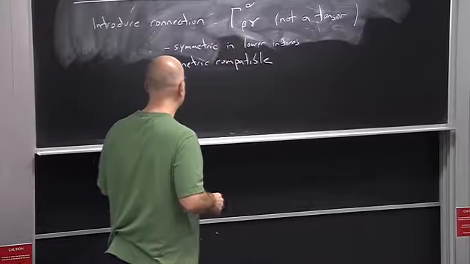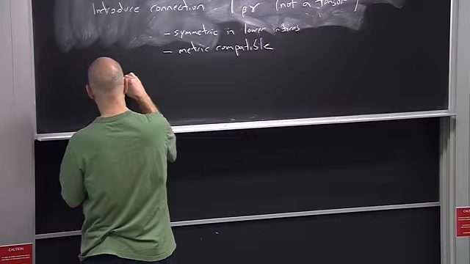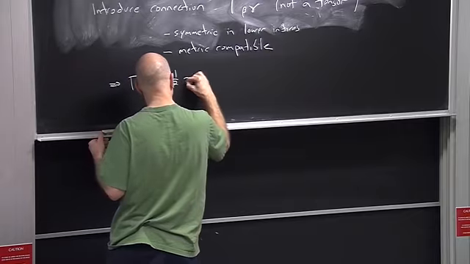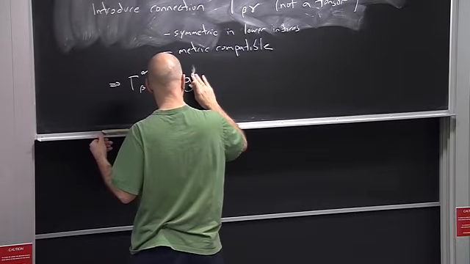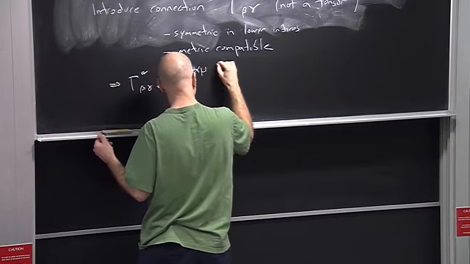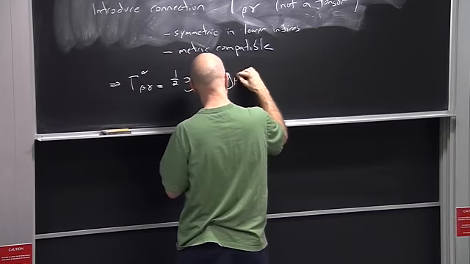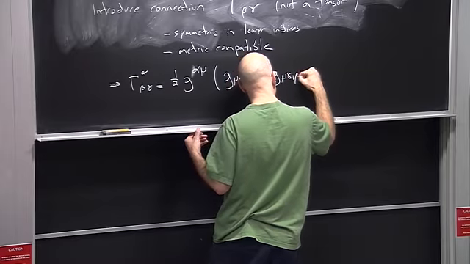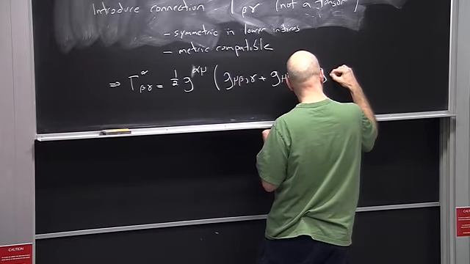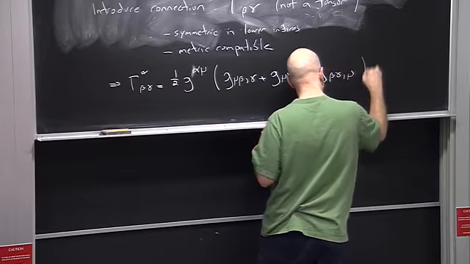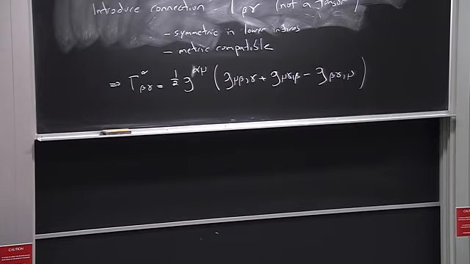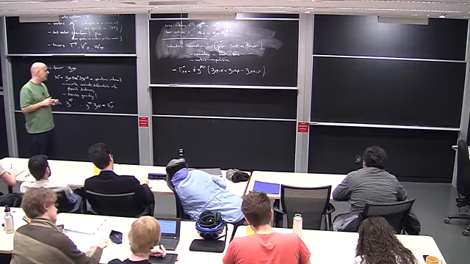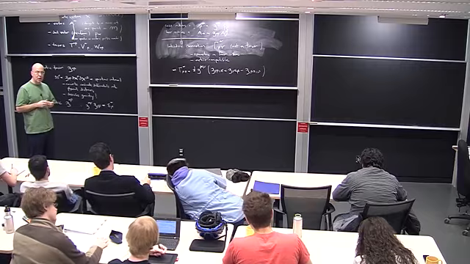For the time being, I'll just say that this implies that the connection is going to be related to the first derivatives of the metric tensor. And that's essentially our definition for the connection. In that context, this thing is usually known as the Christoffel symbols.